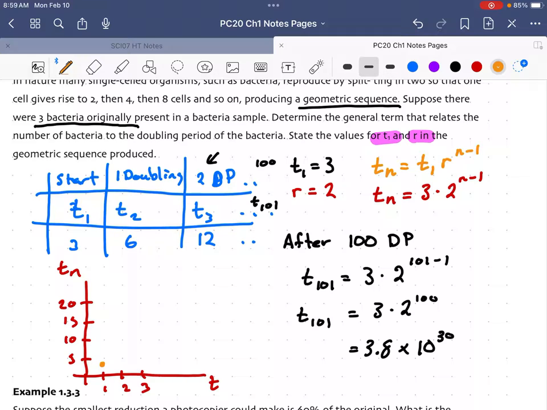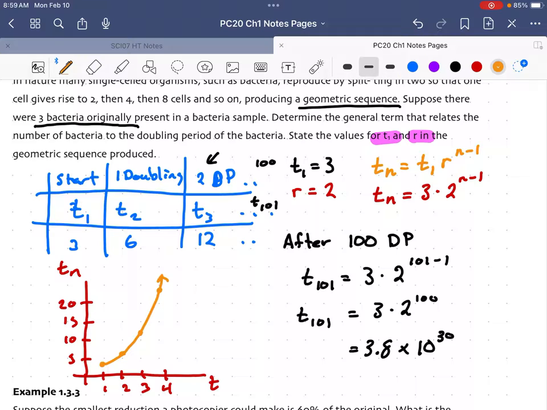Our second term is 6, not much higher than 5. But then our third term is 12. It's starting to go up. Our fourth term would then be 24. That would be way up here. You can see how this forms a curved line. This is called an exponential curve.